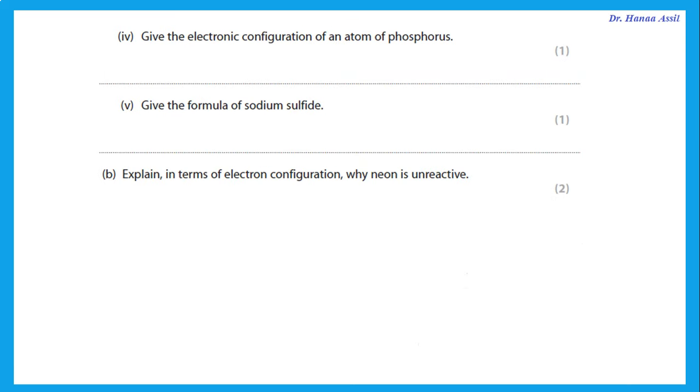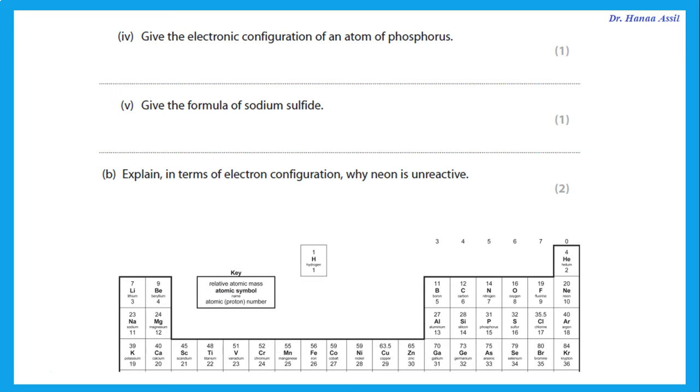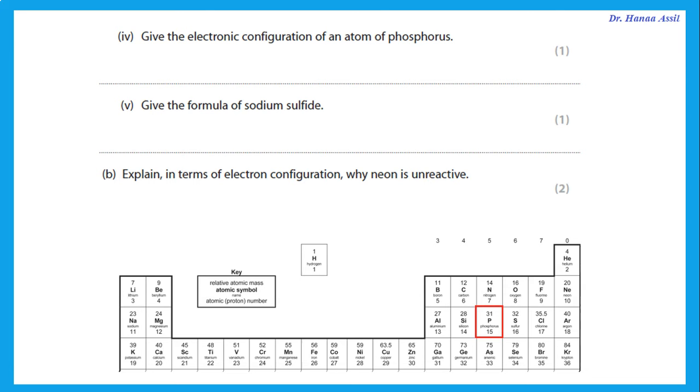Give the electronic configuration of an atom of phosphorus. Again, we look at the periodic table. Where is phosphorus? This is phosphorus. We are required to give the electronic configuration. That means we need to know how many electrons. Of course, the electrons is the same as the atomic number, which is the small number. So the atomic number of phosphorus is 15.